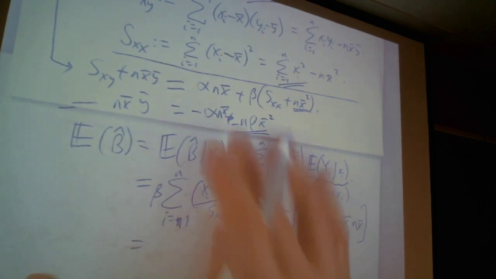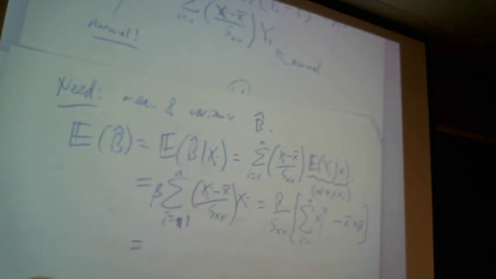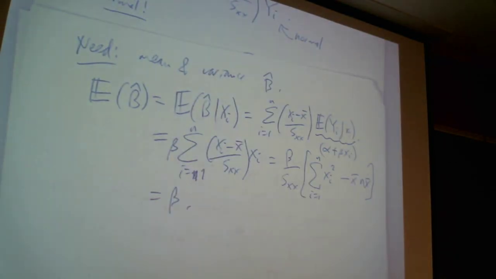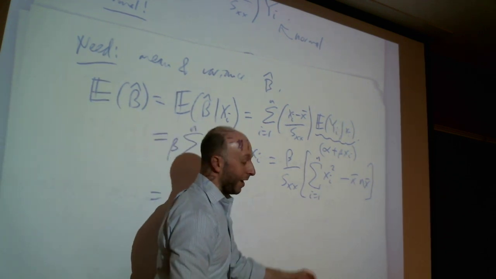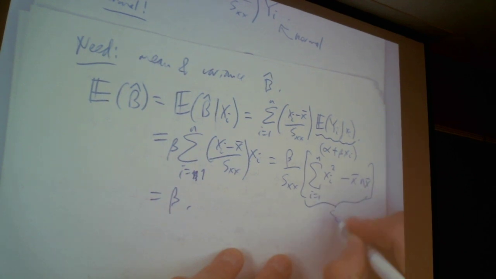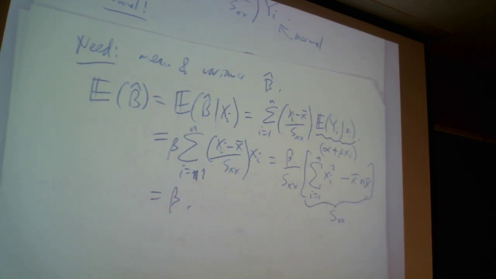So the expected value of B hat is just beta. Everybody see that? This whole thing, let's just make this abundantly clear, this whole thing literally is SXX. So it cancels top and bottom. That's great.